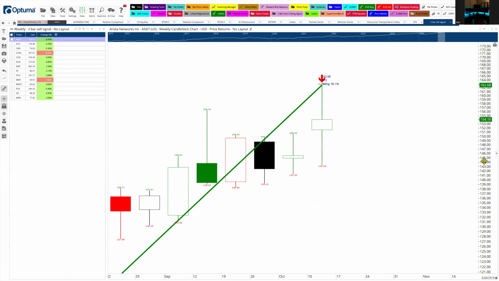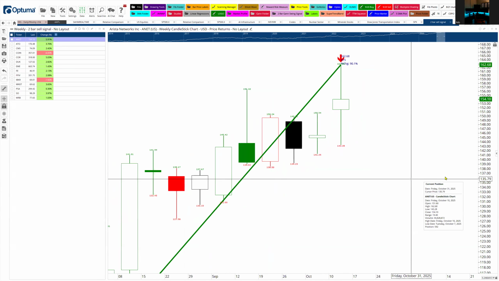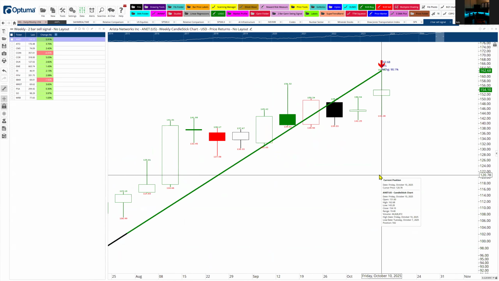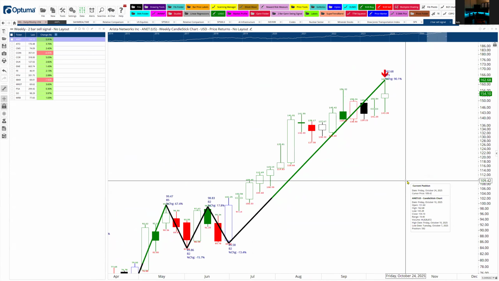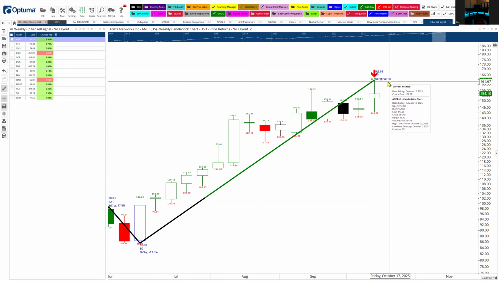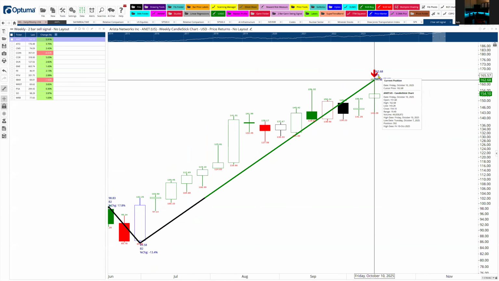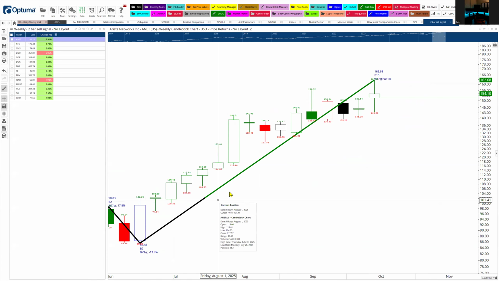Yeah, it's a higher bar. It's a crazy wild run. 15 weeks, 90% move. Yeah, 15 weeks.